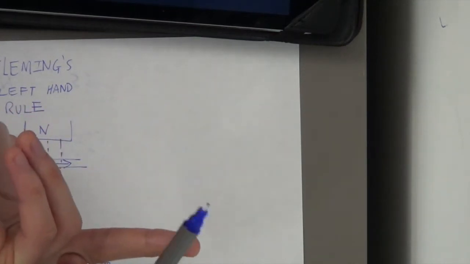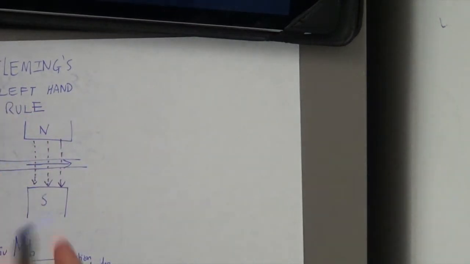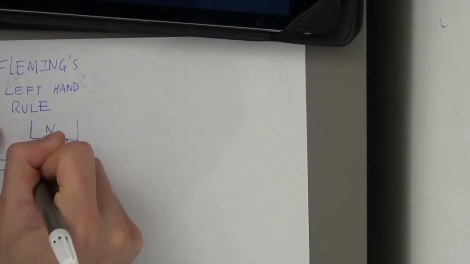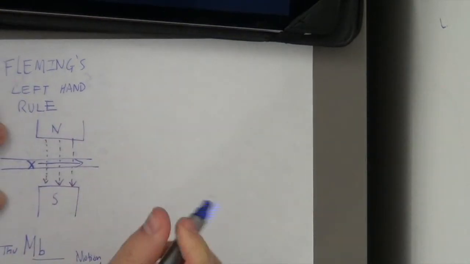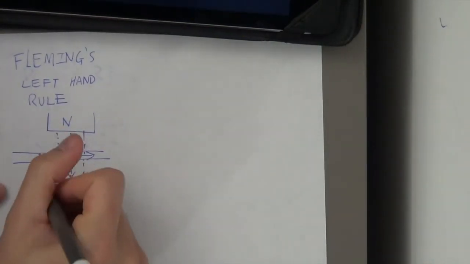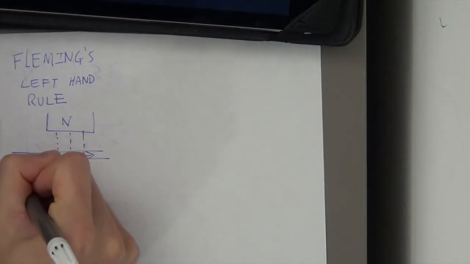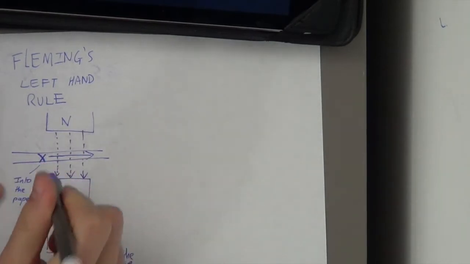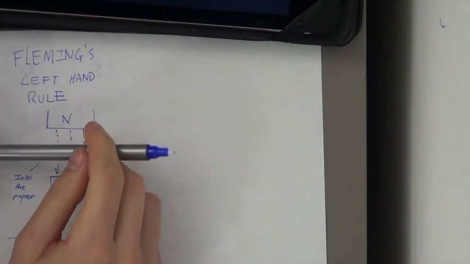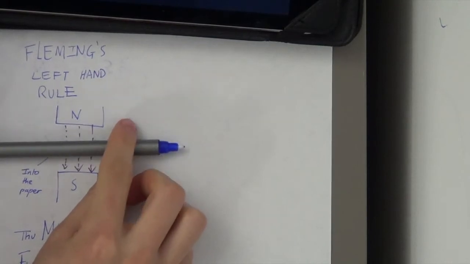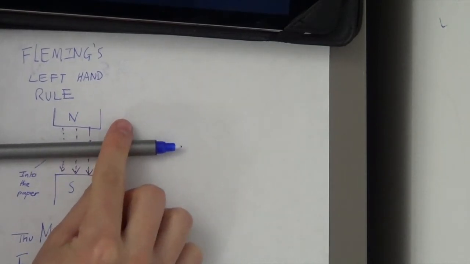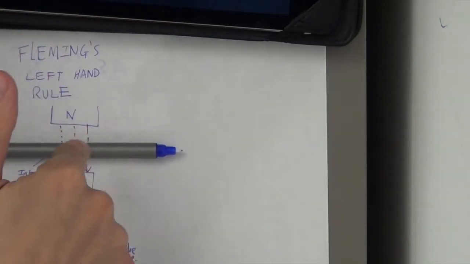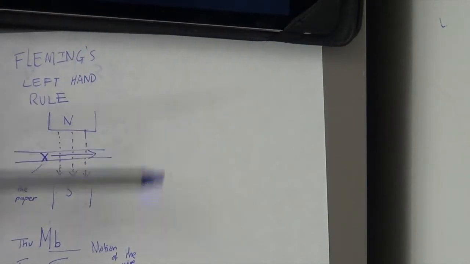And how do we denote that? It's like the back end of an arrow, into the paper. That means if this was the actual wire, it would fall through the piece of paper. The force would push it down that way.